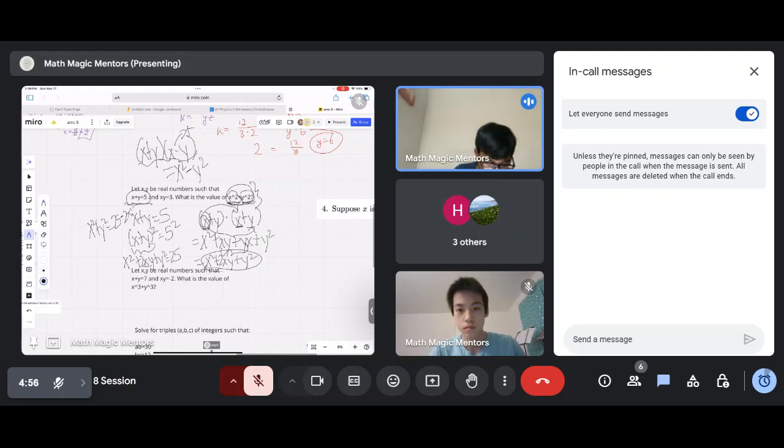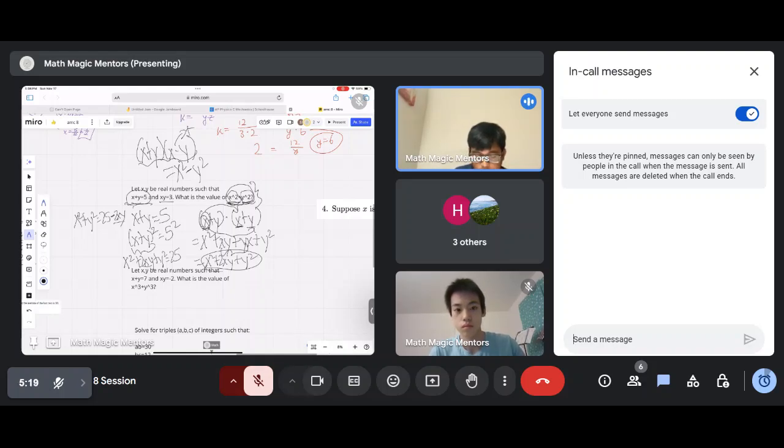Now you can see that the value of xy is given here.